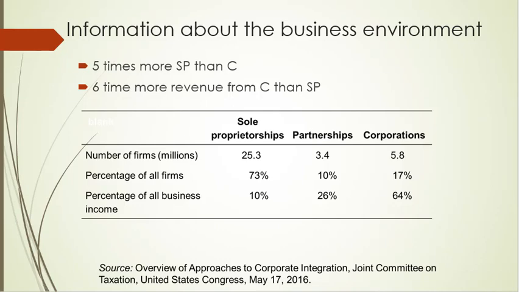However, they don't create the bulk of the revenue that comes into the economy. So again, we need to apply this to the tax code, right? If you want to increase the amount of business that we do, we need to look at who creates the greatest amount of revenue and how that could increase with some type of tax change.